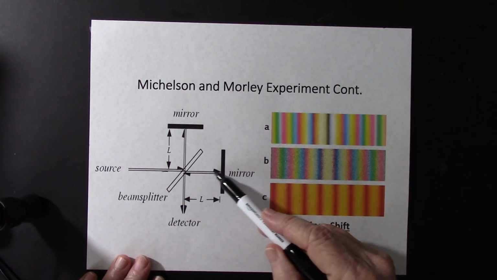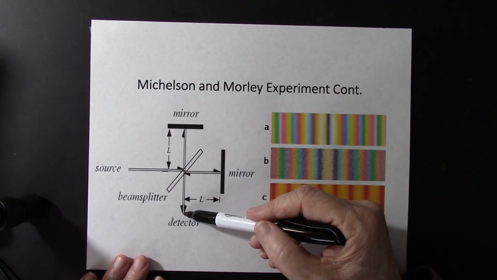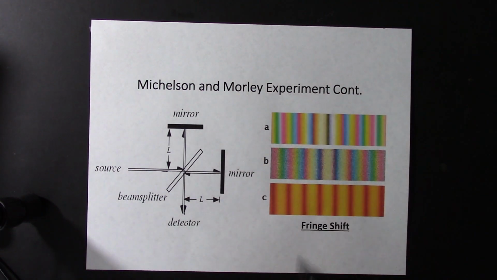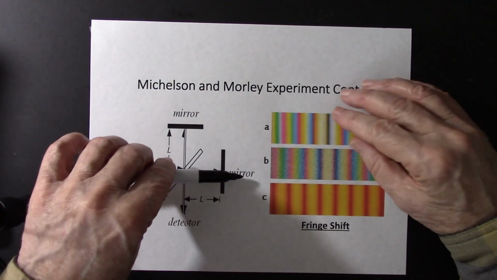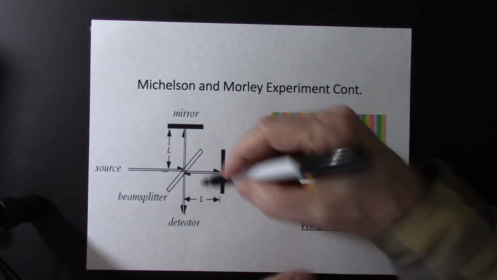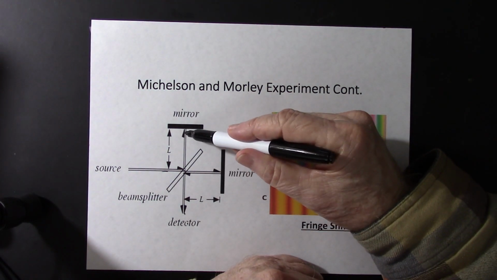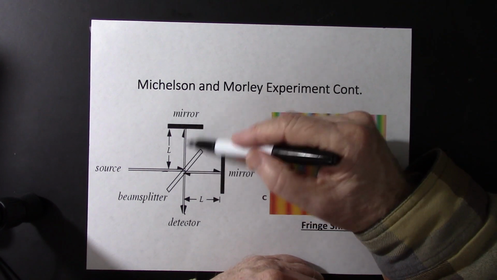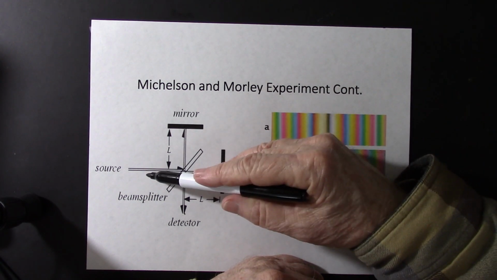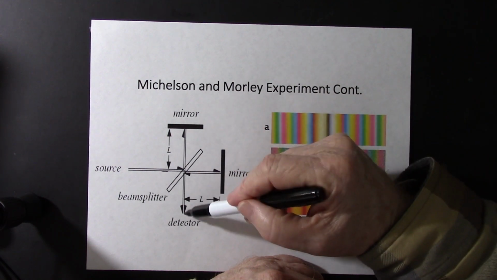One goes parallel to the ether flow, the other goes perpendicular to the ether flow, combined at a detector here. And what they were looking for is if they rotated the device 90 degrees, then the light that was going parallel to the ether flow would then go perpendicular to it, and the one that was perpendicular to the ether flow would then be parallel to it. And that should change the times that the light took to take these trips to the detector.